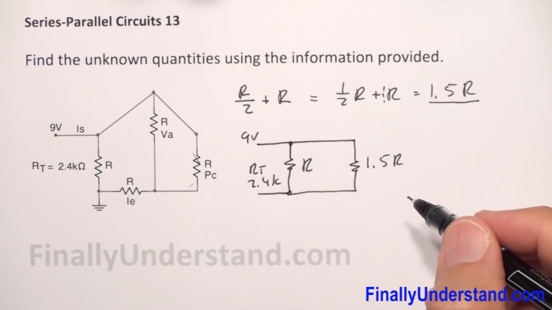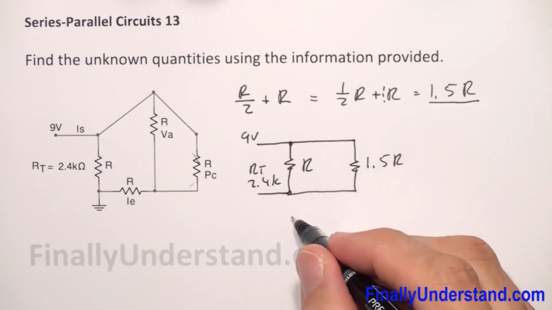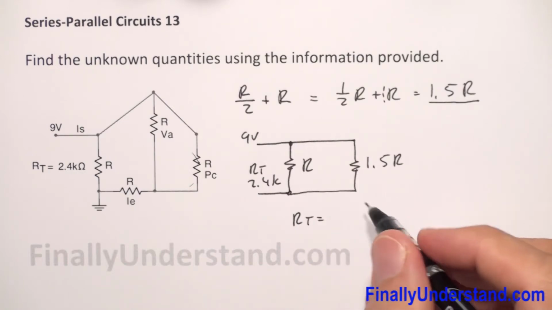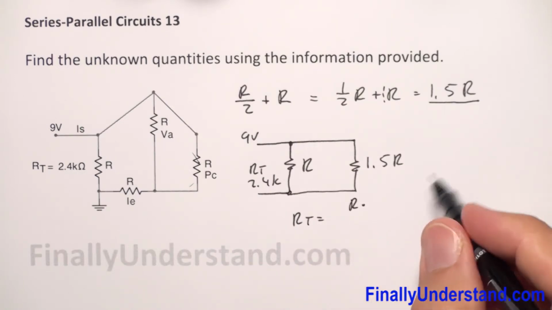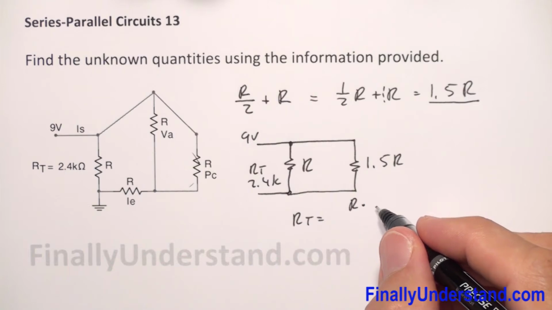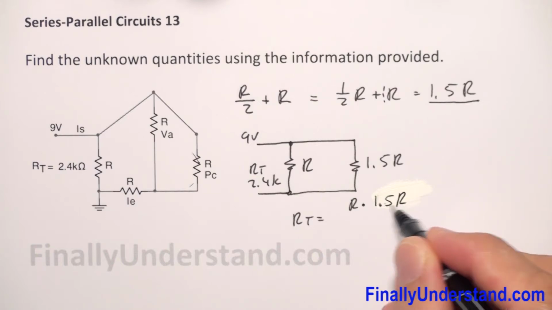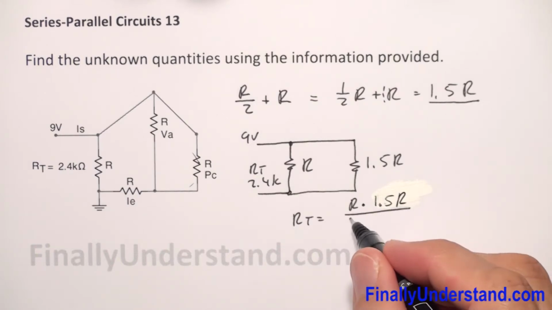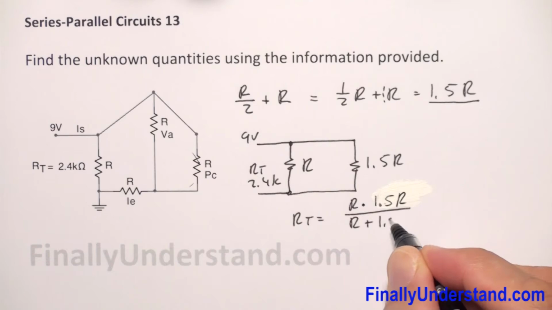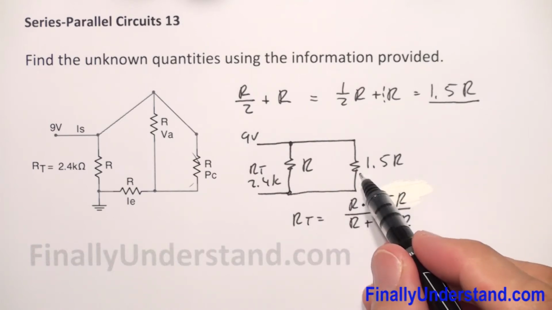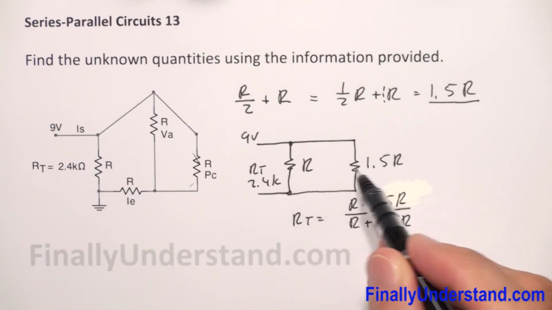Now, these two resistors are in parallel. So we can say that R total is equal R times 1.5 R over R plus 1.5 R. Why? Because these two resistors are in parallel.